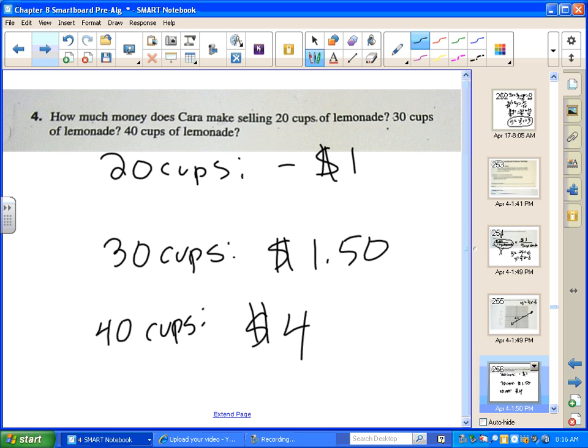Mm-hmm. Oh, but at first I wasn't sure because I was taught the minus 6 was just like a bunch. But it still goes in there because you're calculating for different cups. You're trying to figure out, based on how many we sell, what's our profit going to be. So really, for number 4, guys, all you're doing is plugging 20, 30, and 40 separately into the y equals 1/4 x minus 6 equation.